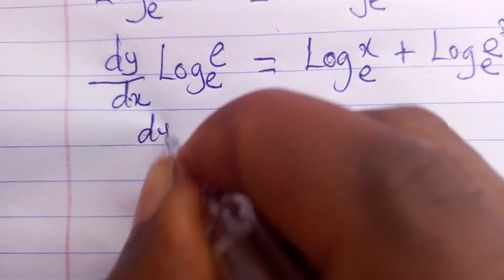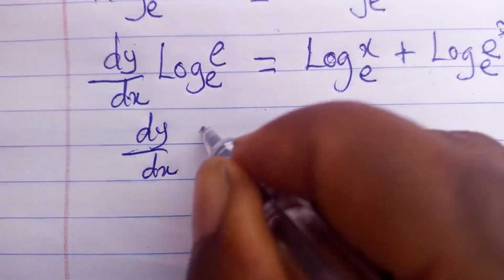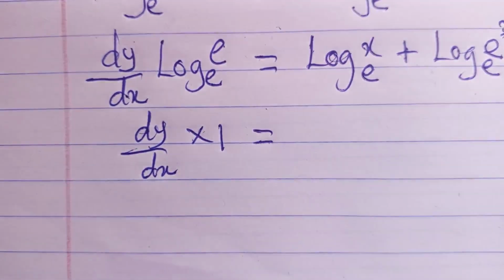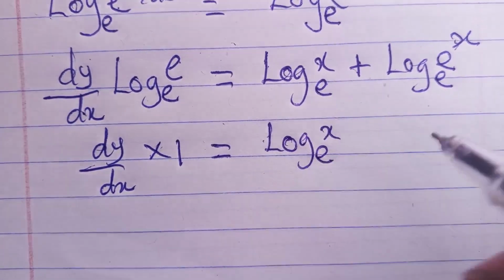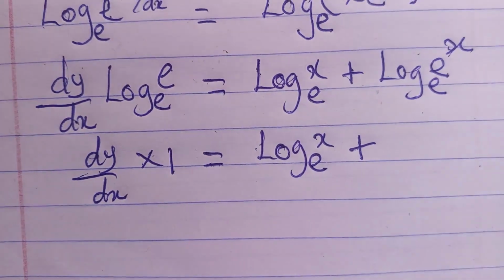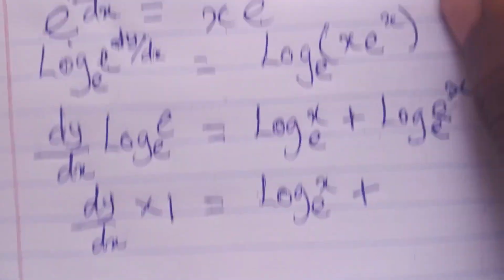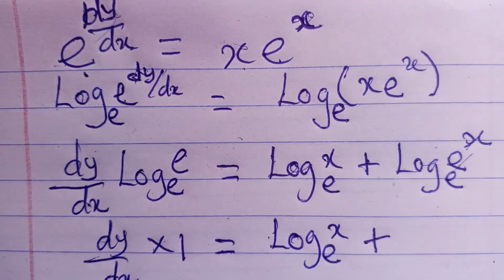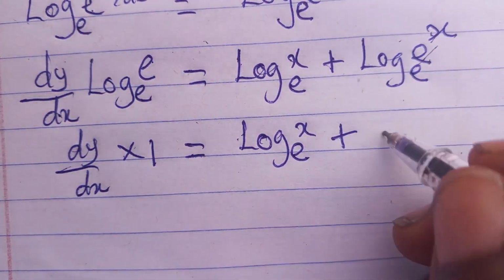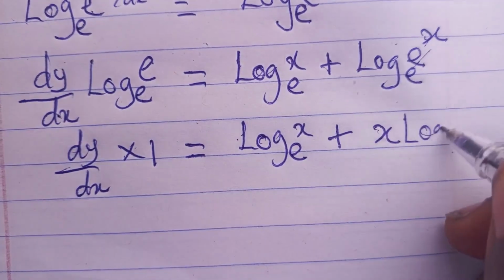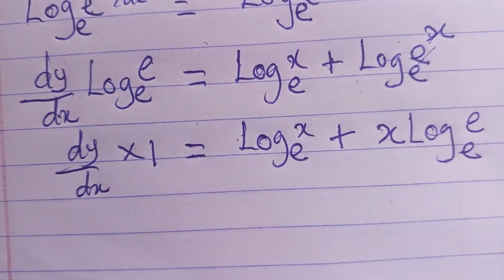Then we have dy/dx times 1 equals log x base e plus, applying the same principle here, we move this x to the back. Then we're going to have x log e base e.